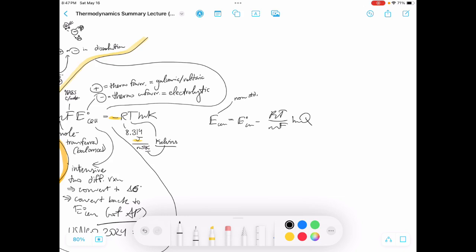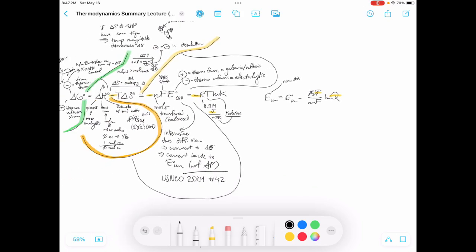So this is non-standard. So when can you have a non-standard condition? So that might be when your temperature isn't 25 degrees Celsius. It might be when you aren't at K, when you're at Q. So same thing with error analysis that I mentioned back here.